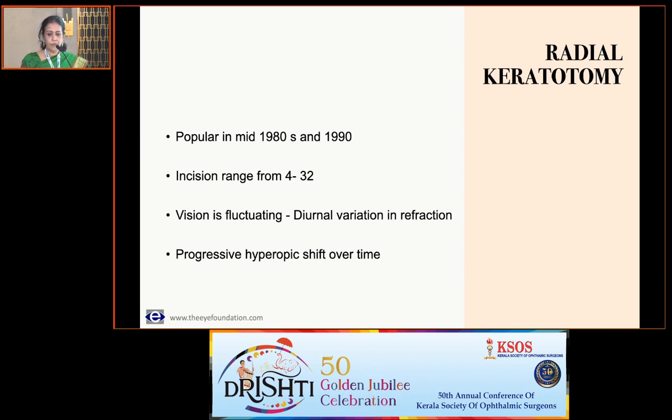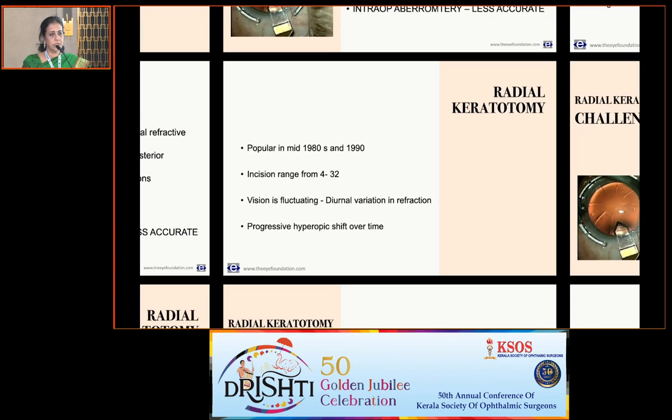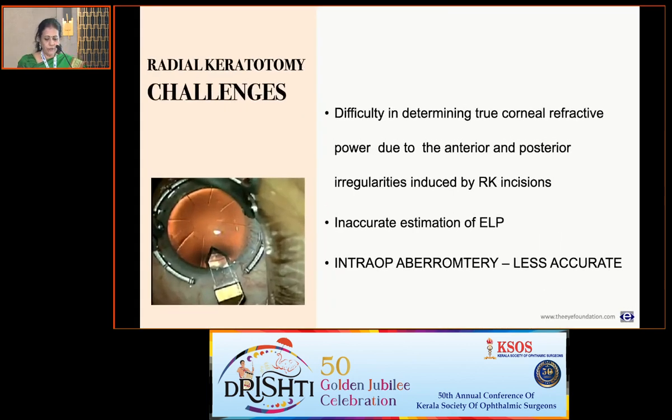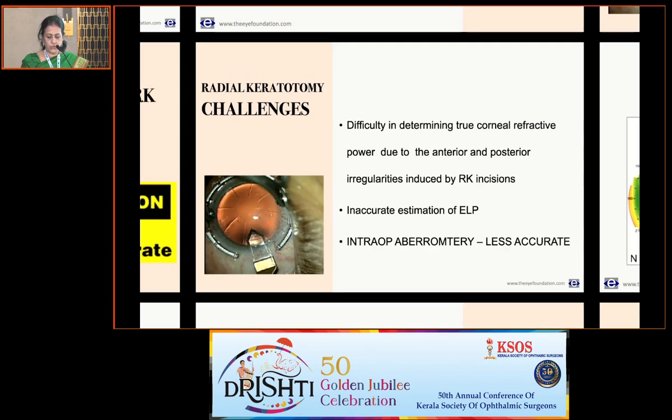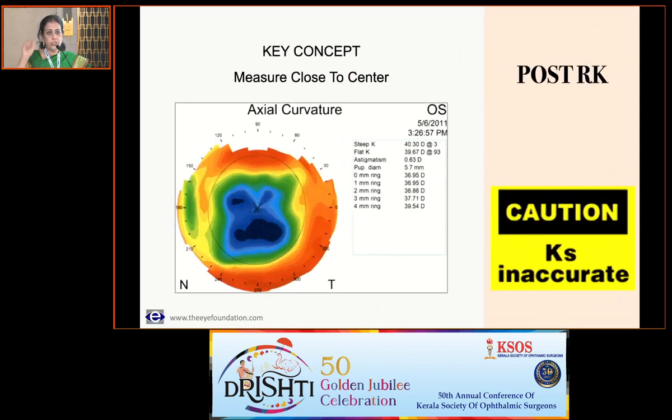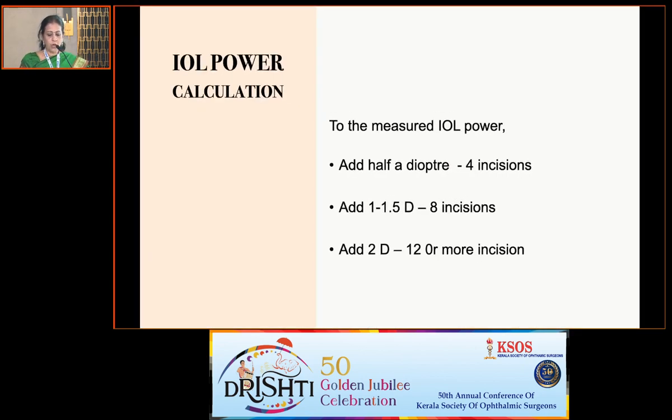A word about radial keratotomy: we know that the vision fluctuates because of the diurnal variation in refraction and the progressive hyperopic shift. We also know that you think the cornea is flat and you inaccurately estimate the ELP to be a little forward, which is not so. We also know we need to measure right in the center of the cornea in a radial keratotomy, which is not possible.